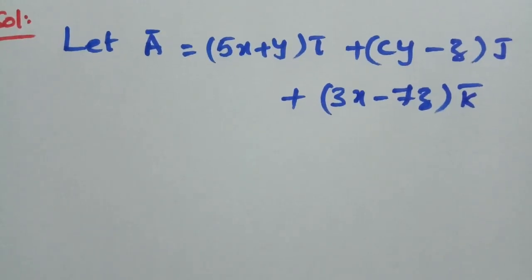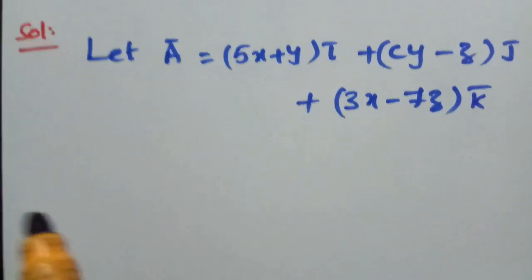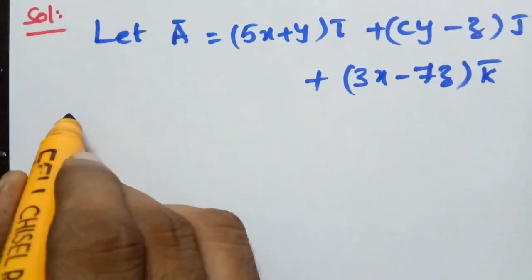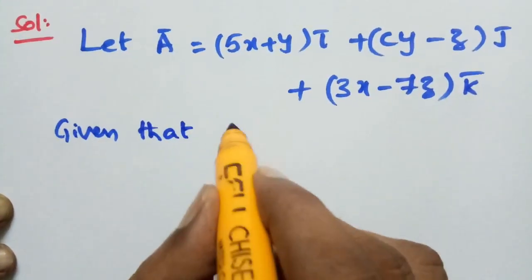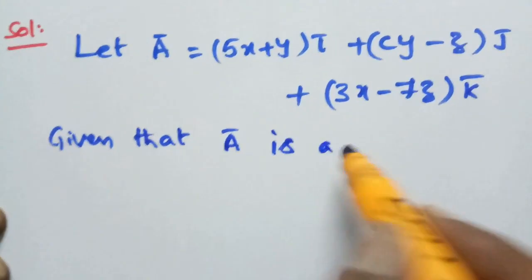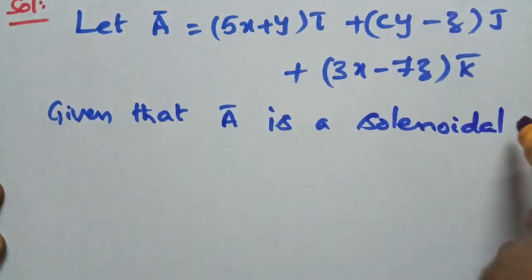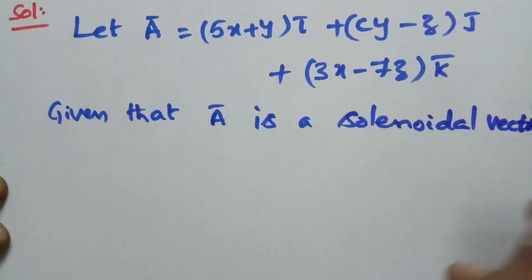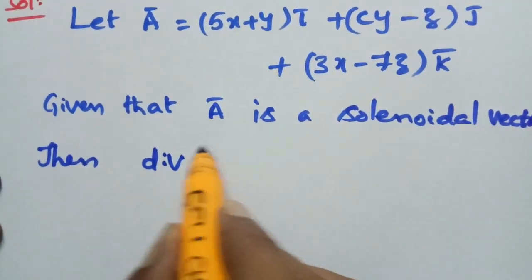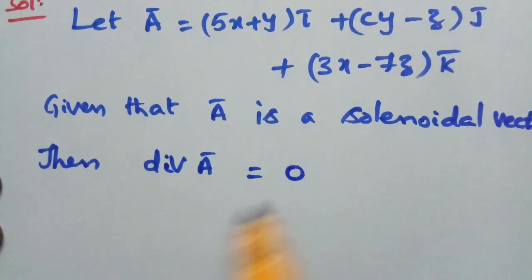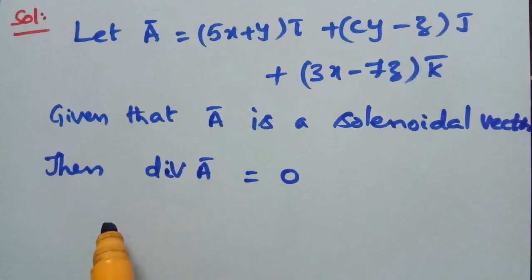Since the given vector is solenoidal, divergence of the vector is equal to 0. Therefore, given that A bar is a solenoidal vector, then div A bar by definition is equal to 0.